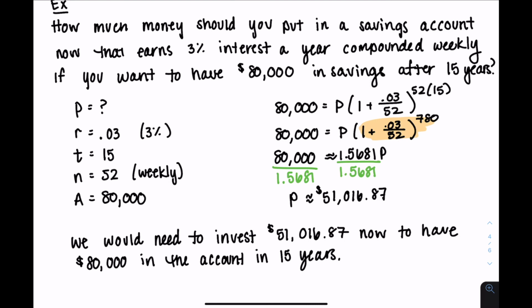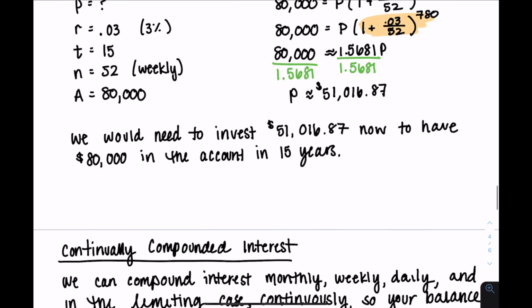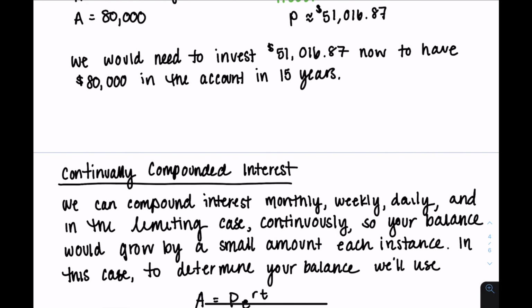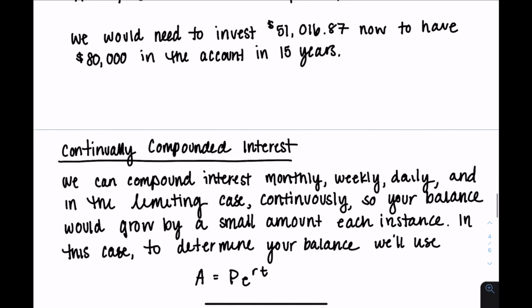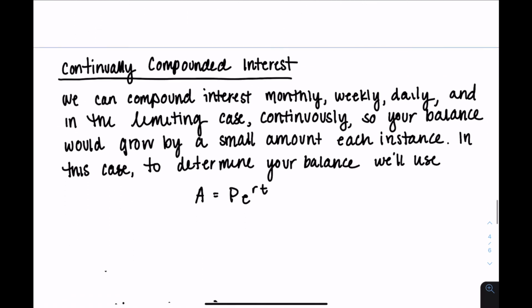An even better type of account is something that's called continually compounded interest. So you can compound it monthly, which is most common, weekly, daily, and in the limiting case, it's going to be continuously. So basically your balance is going to grow by a small amount every single instant. And in this case, if we want to determine our balance, we're going to use this other formula, A equals Pe^(rt).